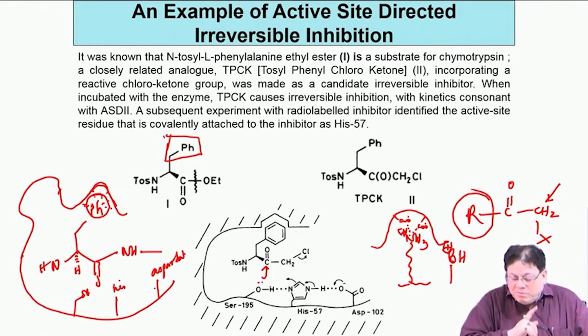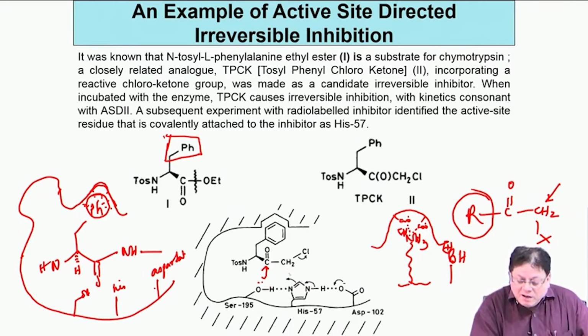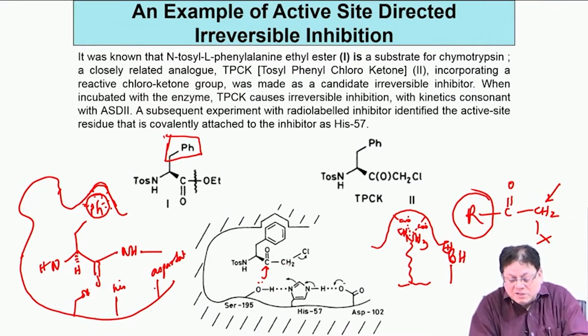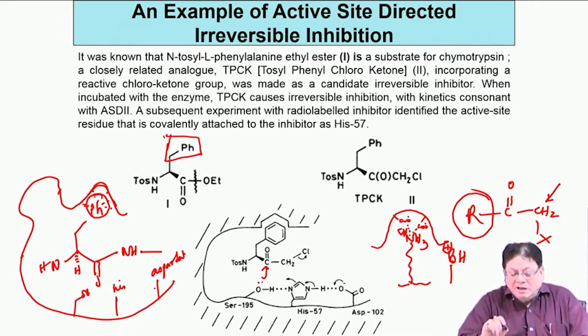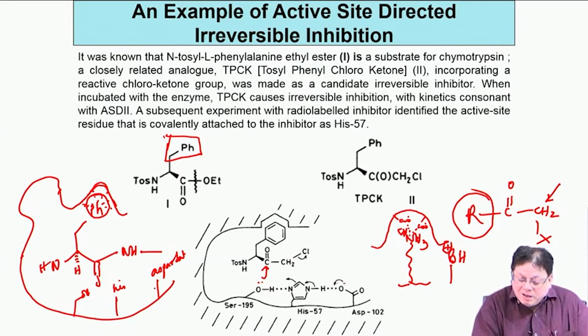But the more important point is, now this imidazole is very close to this CH2Cl, this carbon which is extremely susceptible to nucleophilic attack. So, now the charge relay will be like this: O minus takes the hydrogen, this goes here and the nitrogen is activated.